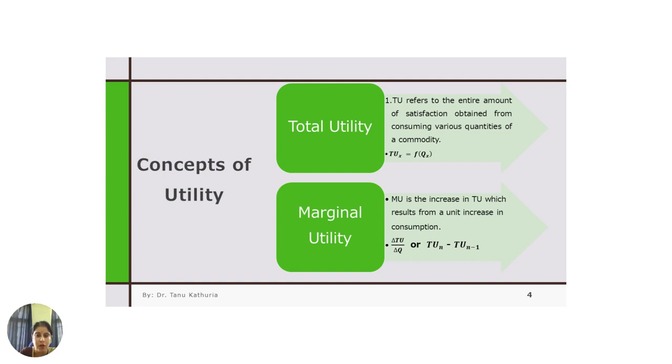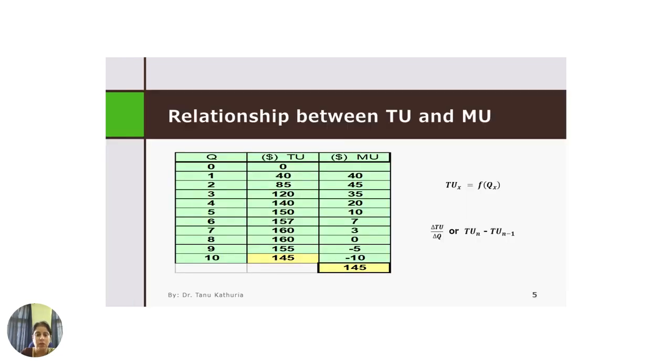But marginal is the additional amount, that means TU of one unit minus TU of the previous unit, present minus the past, and the addition in the consumption will lead to the additional utility. That's how we measure the marginal utility.